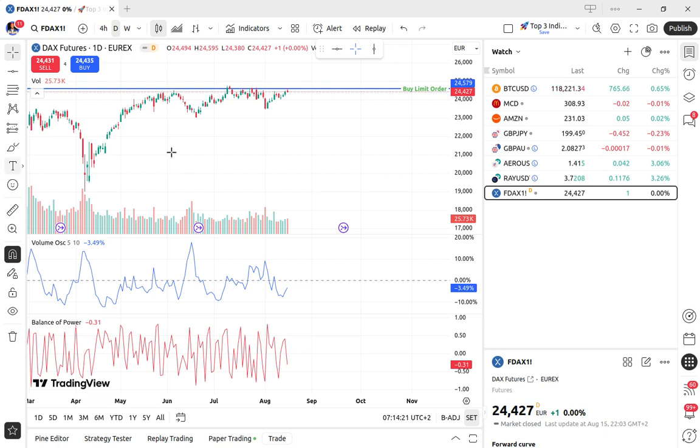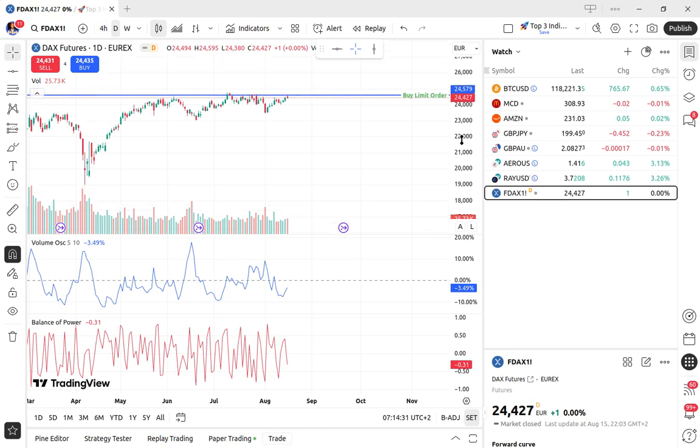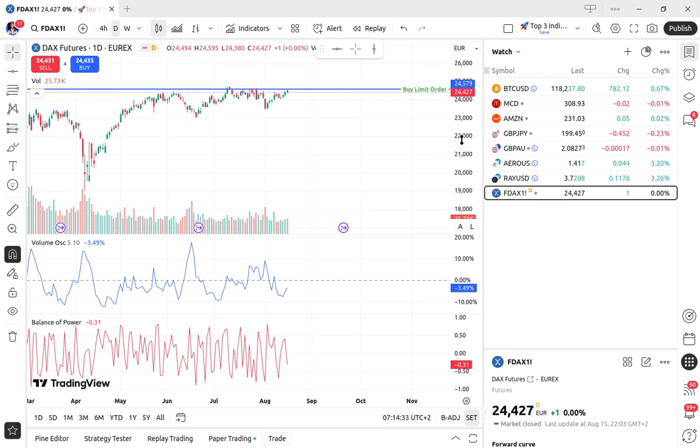So yeah, I wish I could show you the platform to use, but there are many brokers out there that have this as a trading feature. So this is a perfect buy signal on the futures market.